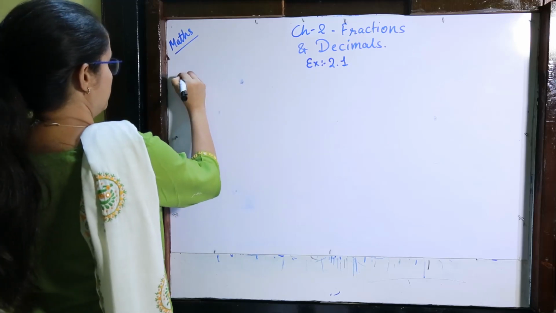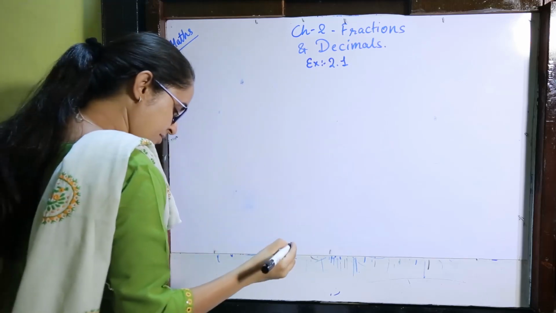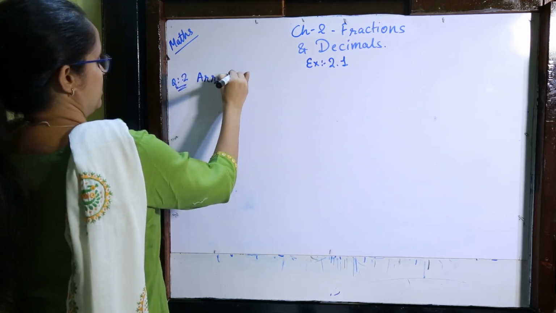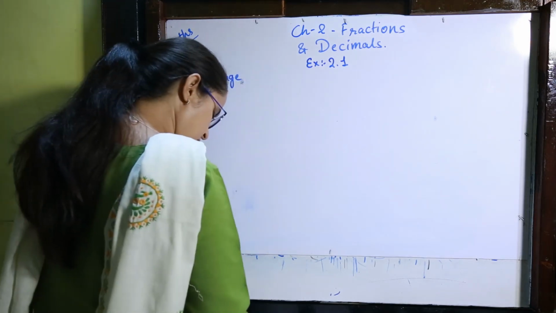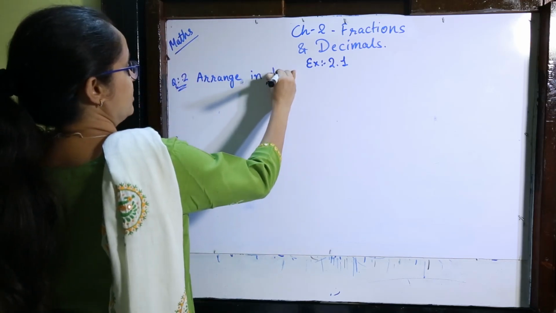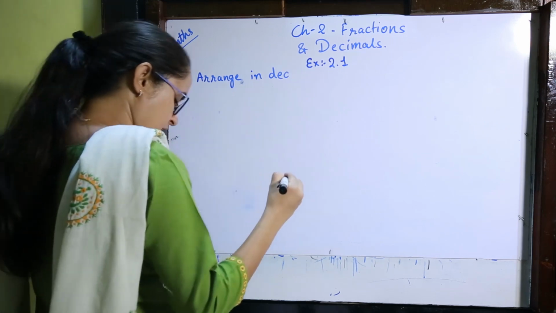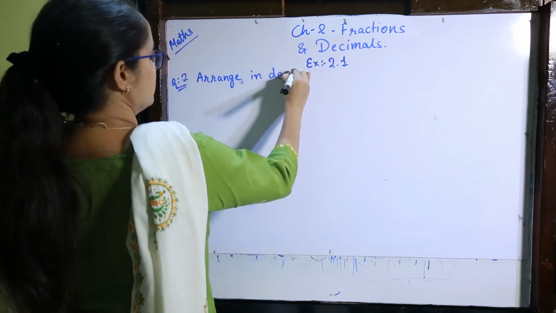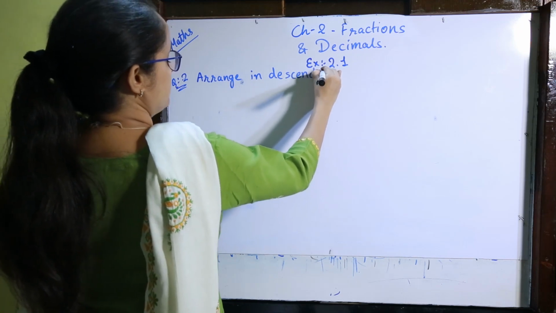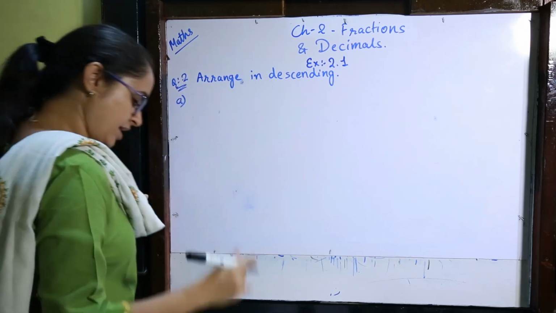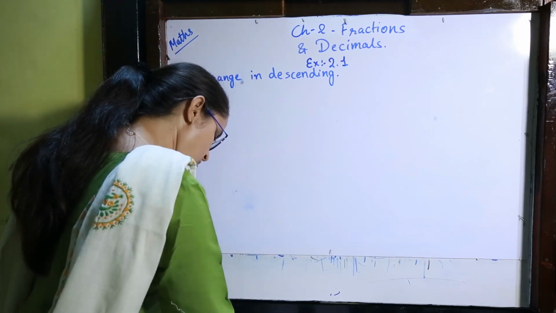So now question number 2, in that arrange the following in descending order. Descending means bigger to smaller. Now I will do one and the second one is in your homework.